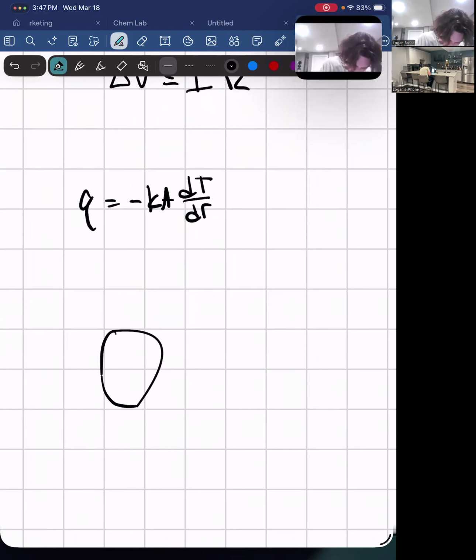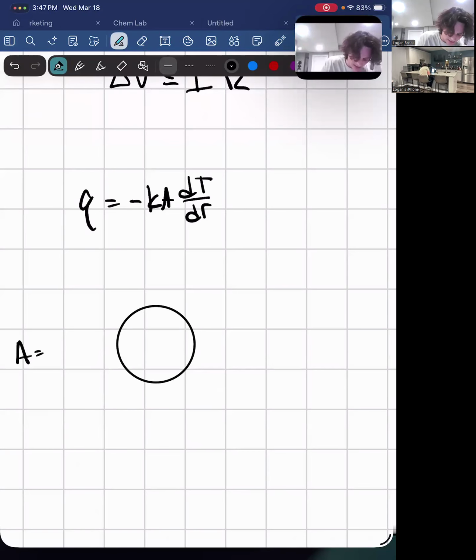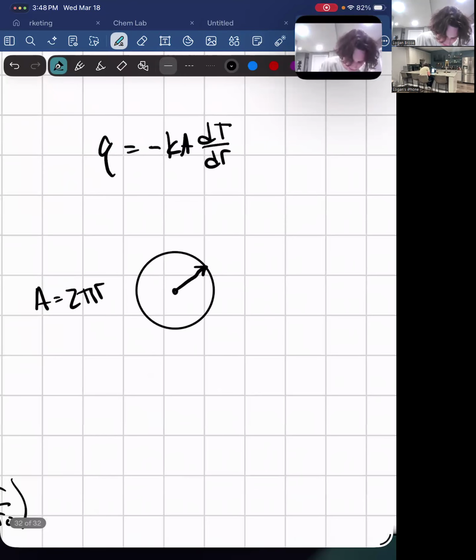So when we look at this, we have our circle. Well, the area of a circle is 2 pi r, right? Our radius is here, right? So when we look at Fourier's law, it's just Q equals minus K 2 pi r.